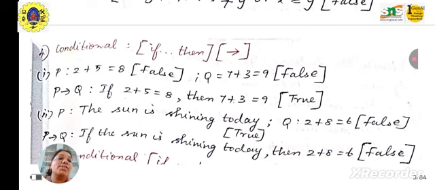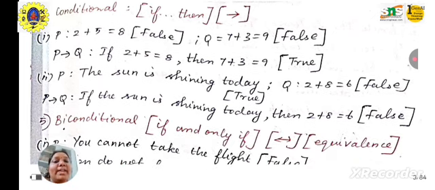So P implies Q means true implies false. True leading to a false statement gives a false answer. Is 2 plus 8 equal to 6 true? No, it's false. So true implies false is false. This is the conditional we are applying here.